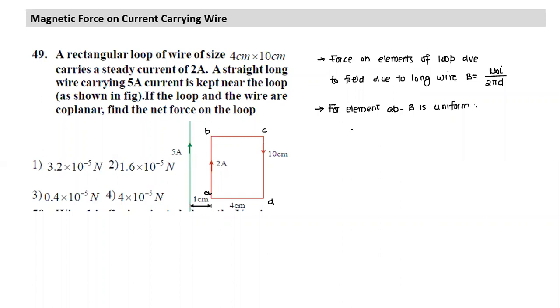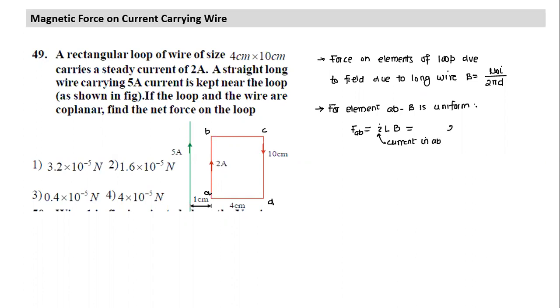So in that case, what will be the force on element AB? I can write force on the element is I into length of the element into field at that position, where I will be the current in the element AB. So let's put those values. What is the value of I?